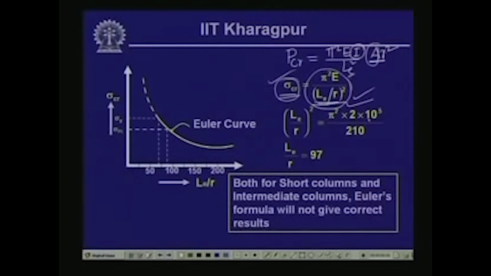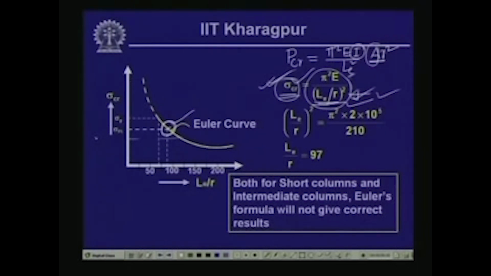The columns which come under that group we designate as short columns. Now, if L_E by r becomes larger, then the stress becomes lower. Up to the limit of the proportionality limit, if we restrict ourselves to that limit, then for the L_E by r which we get for a particular member we can find out the stress, and that stress will be somewhere below the stress at the proportionality limit.